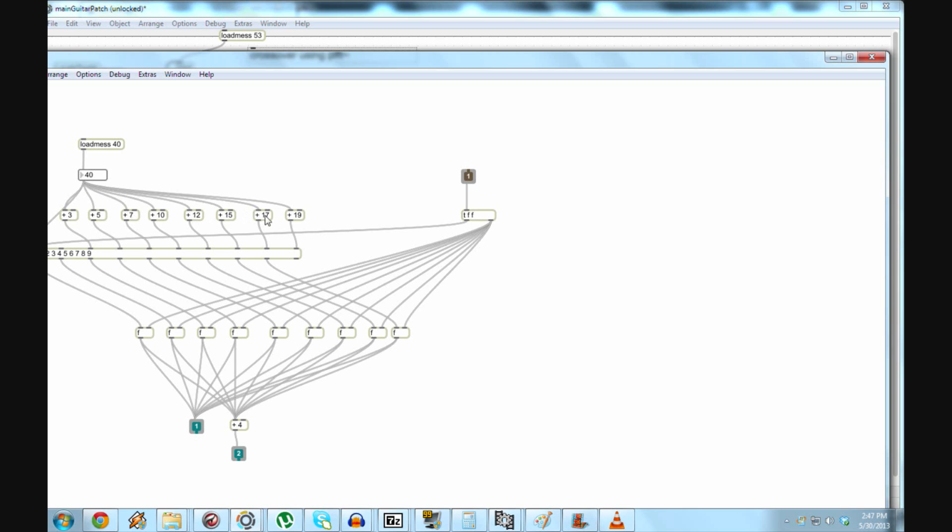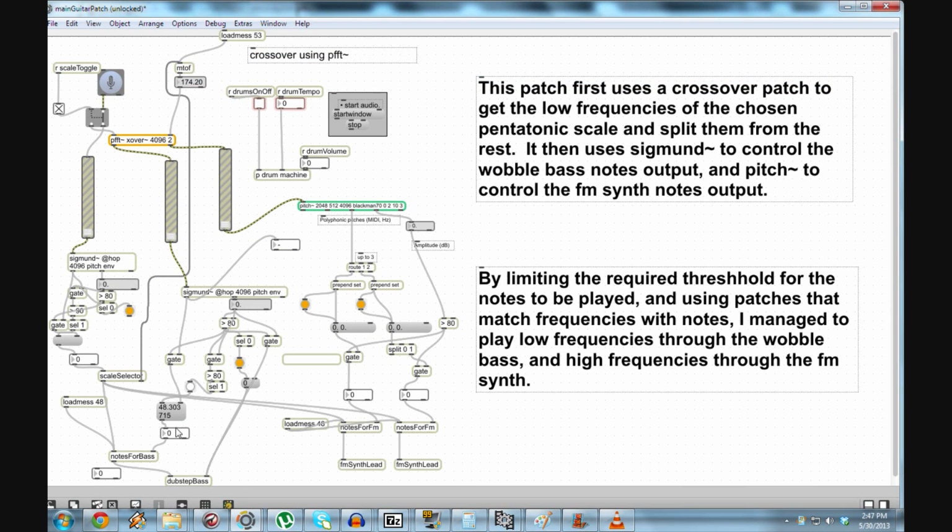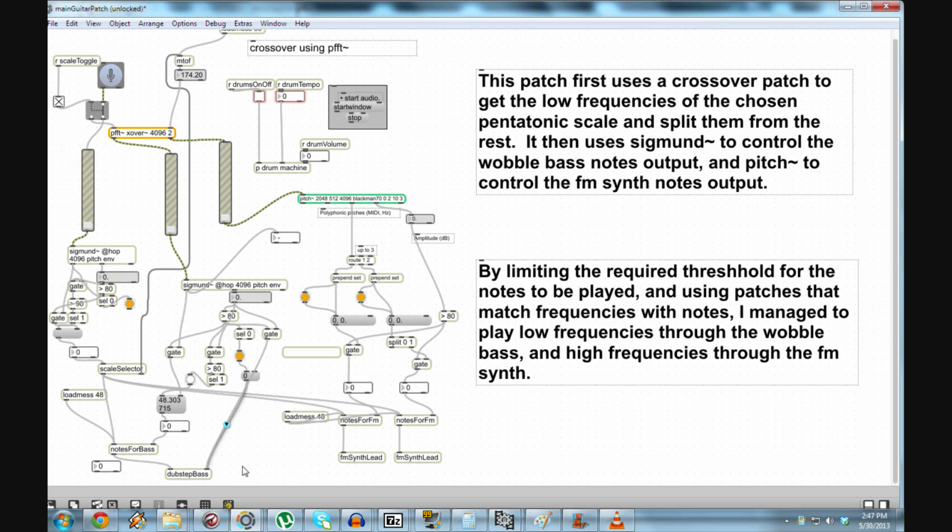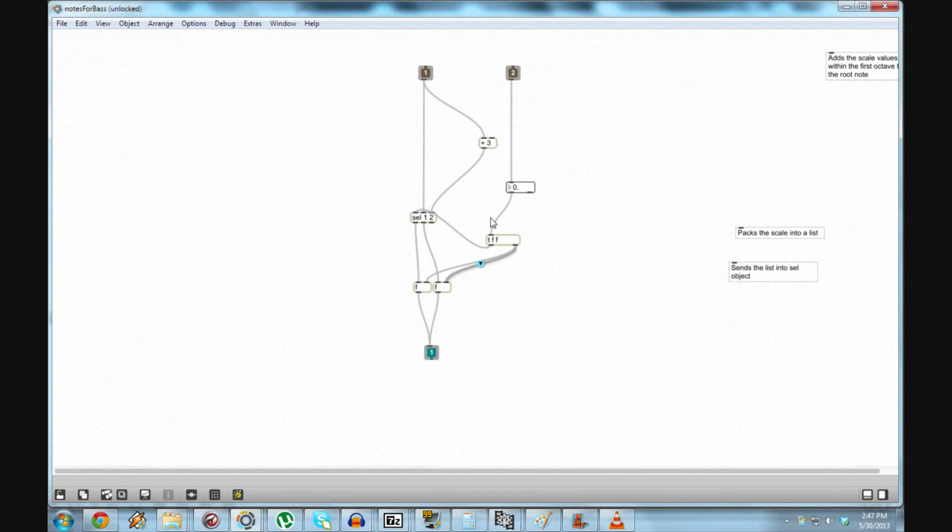I'll get back to this, but first, once you get a root and you get a scale, setting it back to a play mode, you have predetermined notes for bass, which is the root and the third interval after the root, to get you the first two notes of the pentatonic scale.